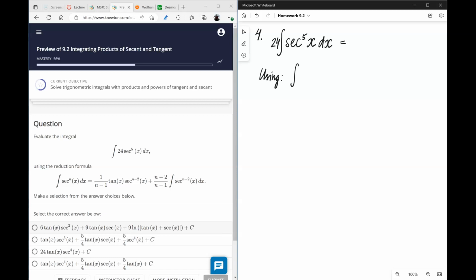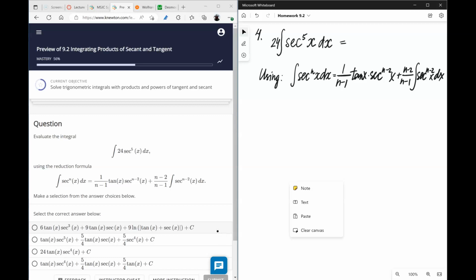It says the integral of secant to the power n of x dx is equal to 1 over n minus 1 tangent x times secant n minus 2 x plus n minus 2 over n minus 1 integral of secant n minus 2 x dx. So this is the formula.